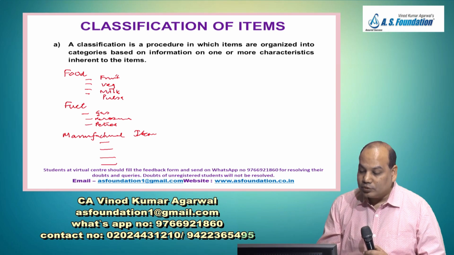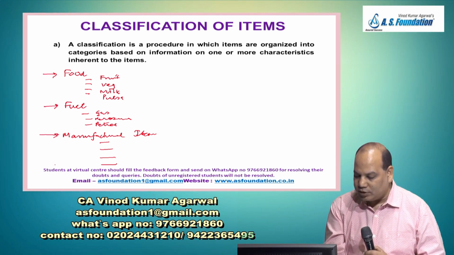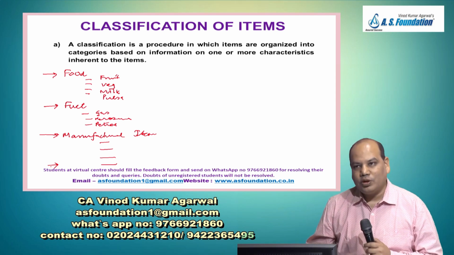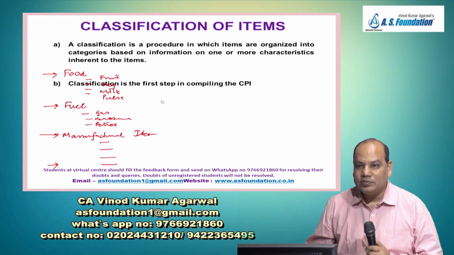Services. A classification is a procedure in which items are organized into categories. These are categories: food, fuel, manufactured items, services, based on information on one or more characteristics inherent to the items. Classification is the first step in compiling the CPI.